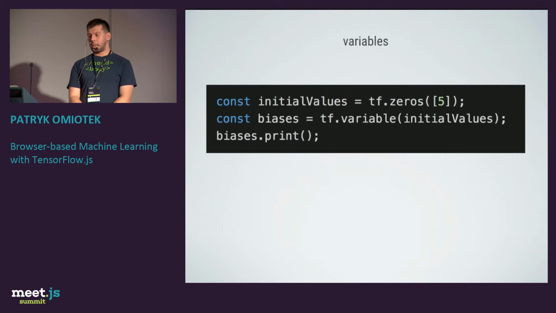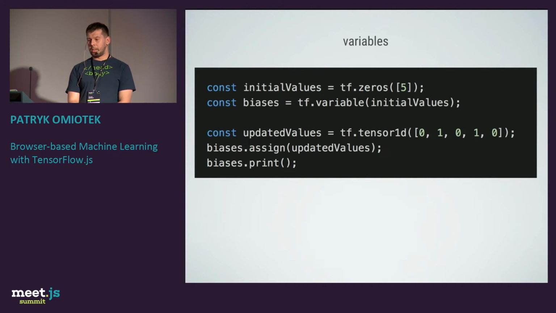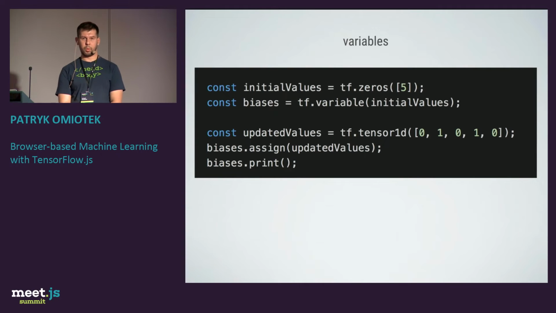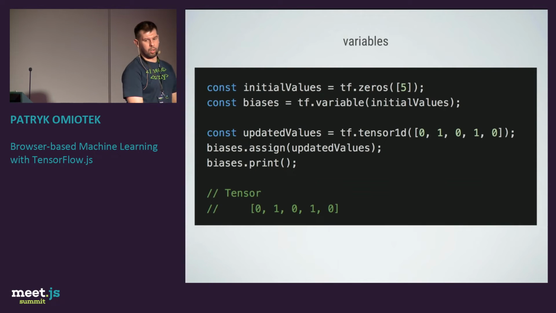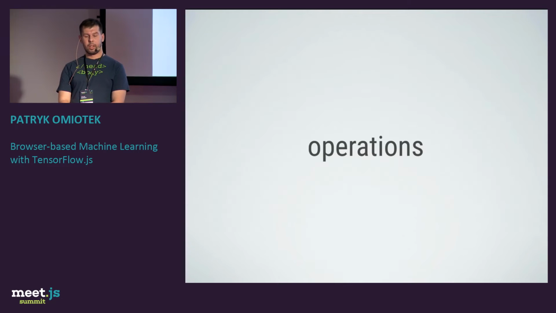So in this example we have a tensor with zeros, biases, and we are using tf.variable with initial values, so we have only zeros. But in these lines we have the assign function, so using that we can change our values. And now we have something like this.